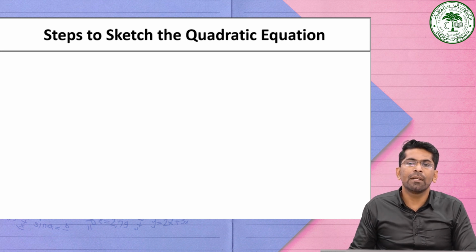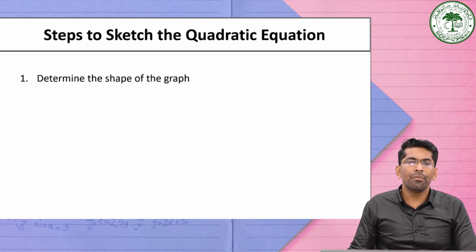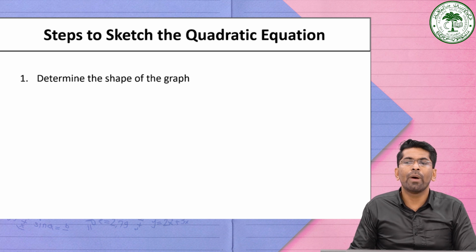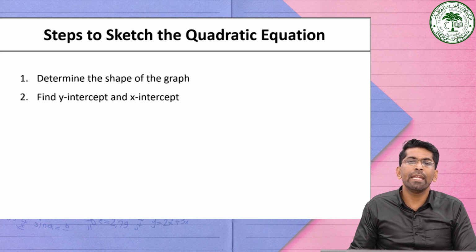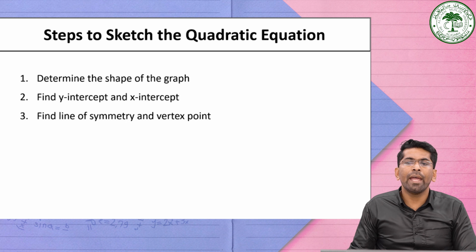We will discuss these procedures to sketch or draw the quadratic equation. First, we have to determine the shape of the graph. Then after that, we will find the intercept terms, that means the x-intercept and y-intercept. Then we will go for finding the line of symmetry and the vertex point.